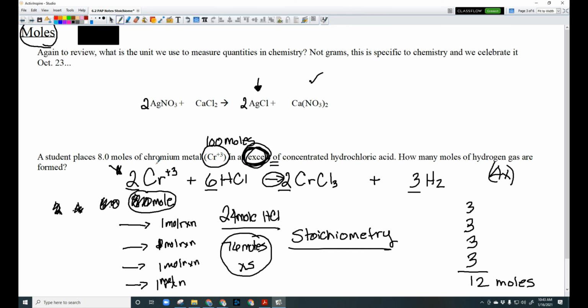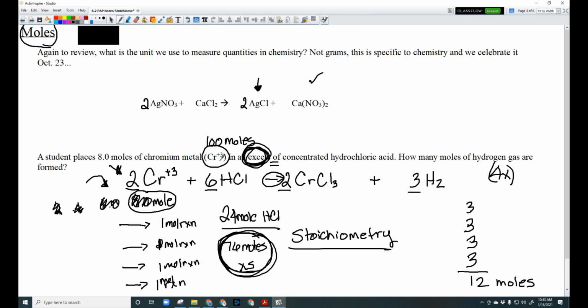What are we going to run out of first? We're going to run out of chromium first. We're going to have 76 moles of hydrochloric acid left over. If we decided to put more chromium into this beaker, then we'd have the reaction go again because we had leftover hydrochloric acid.